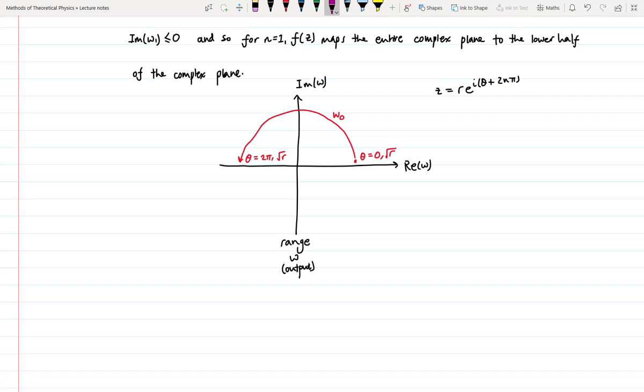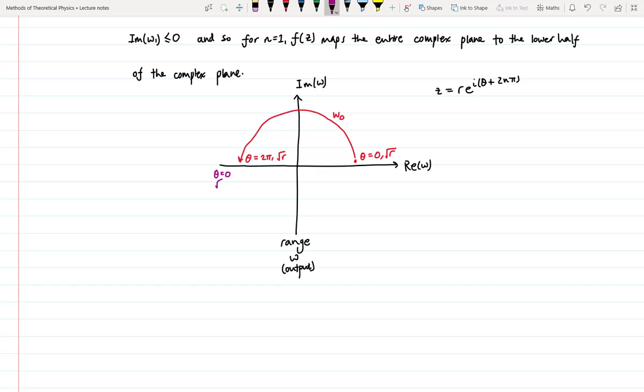Once we've got theta equals 2 pi, in order to go any further, we now set n equal to 1 in that exponent. That means that we're going to move to the function w1. We can therefore reset the value of theta. So now we're thinking of theta equals 0, just below the negative real axis. And now w1 is going to map all of those complex numbers z to the lower half of the complex plane.